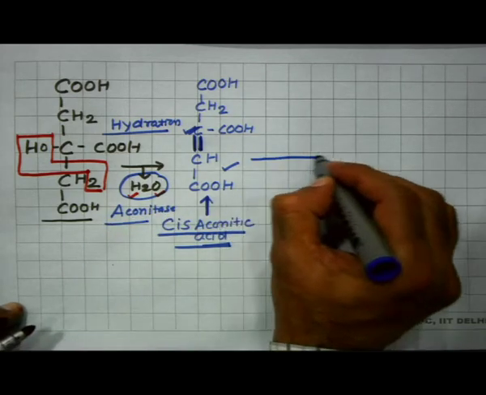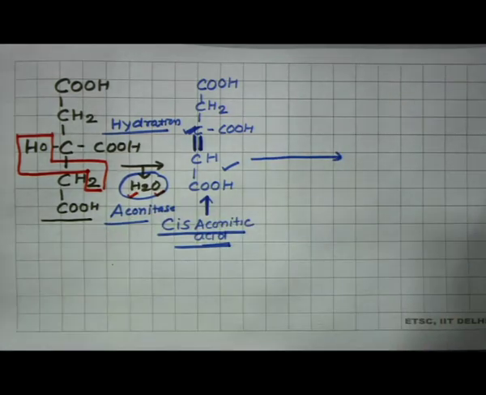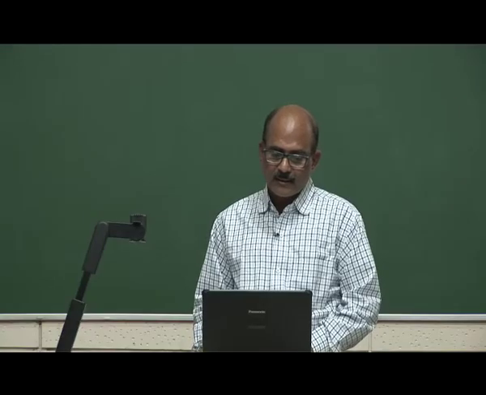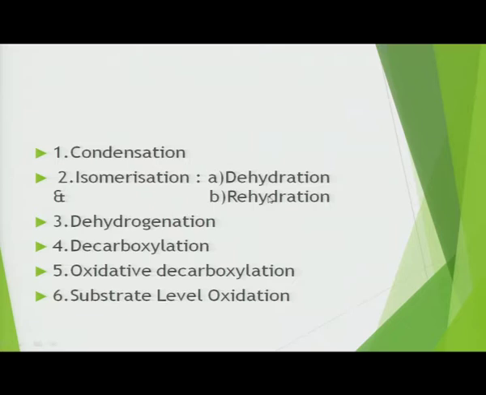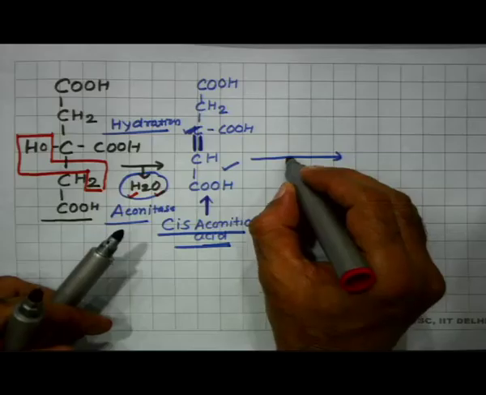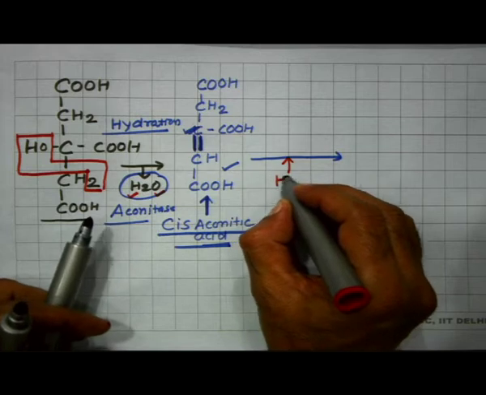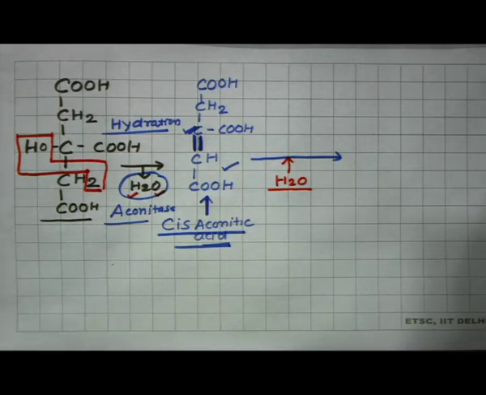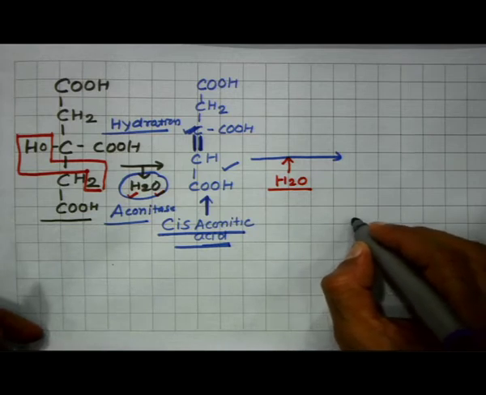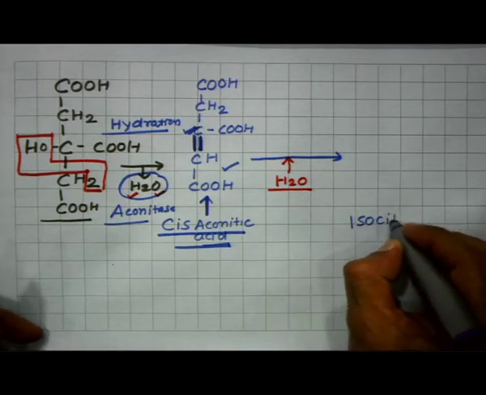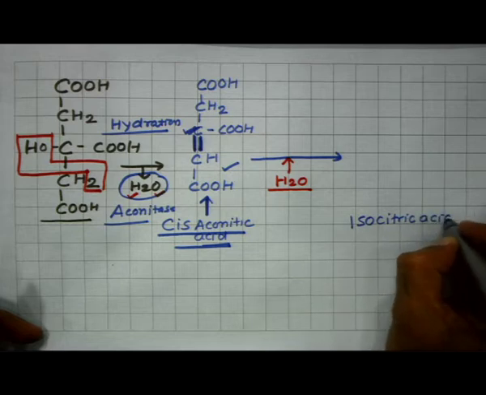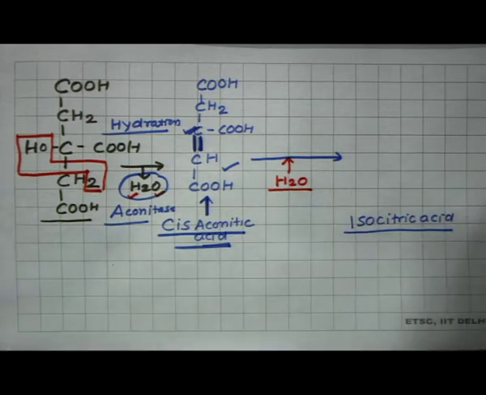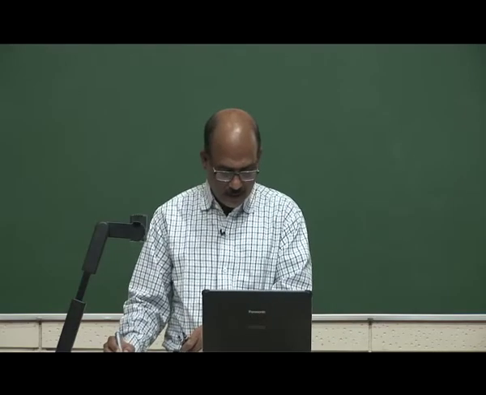What happens in the next reaction? We have already discussed the third process of the isomerization, that is the rehydration. Rehydration means adding of water. A water molecule is going to be added and the product will be isocitric acid. Now, we can easily write the isocitric acid formula.